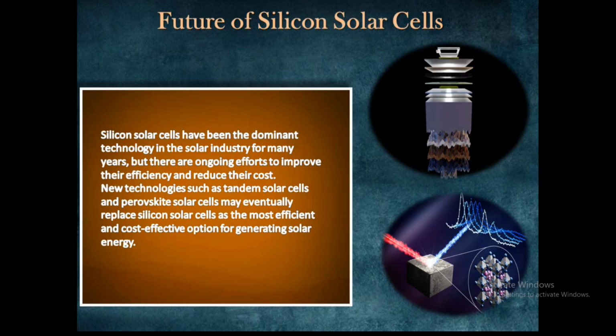Tandem solar cells and perovskite solar cells are eventually replacing silicon solar cells as the most effective and cost effective option for generating solar energy. They will have the highest efficiency and very low cost for generating solar energy.